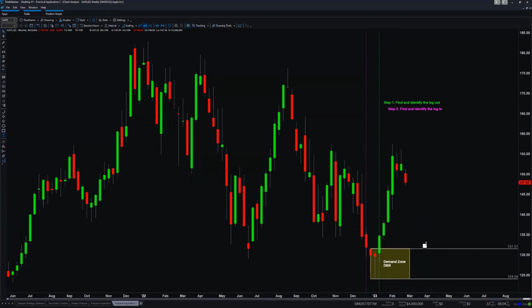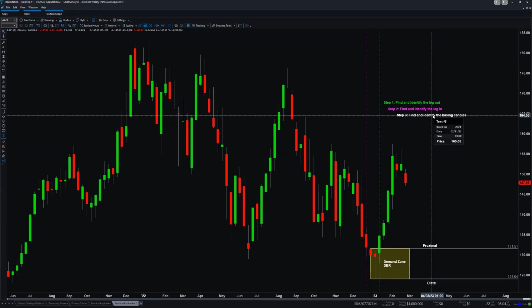We have a proximal and we have a distal. Now that was step three. Find and identify the basing candles.